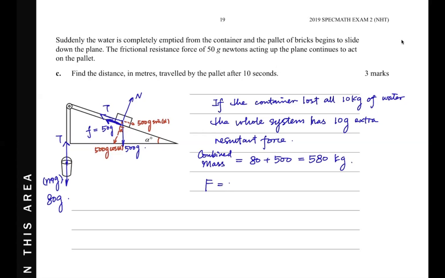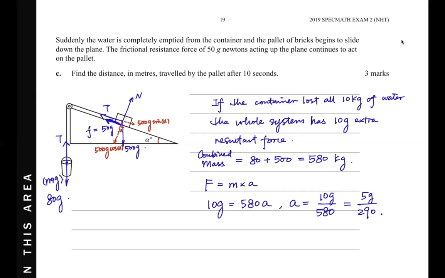Using F equals M times A, 10g is 580 times A. So A is 10g over 580, which is 5g divided by 290, if I'm not mistaken.